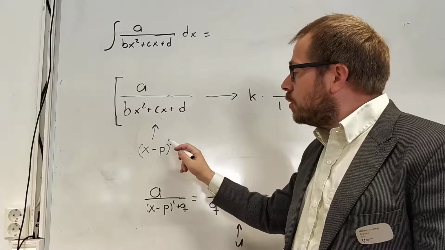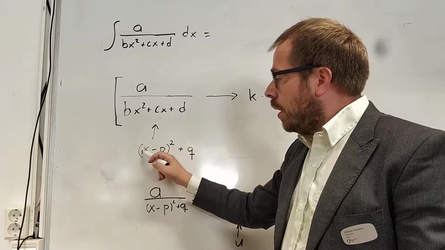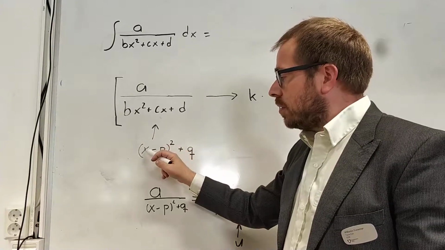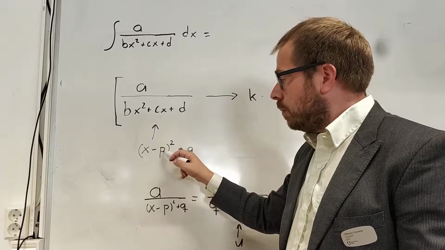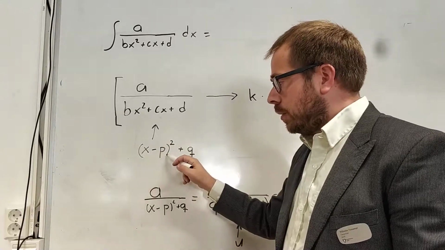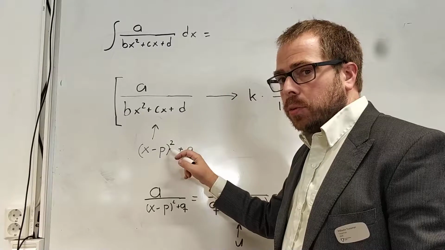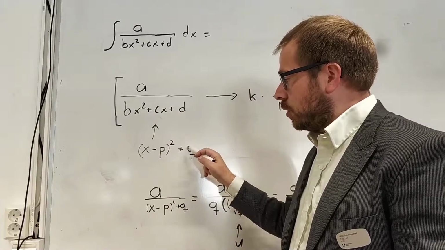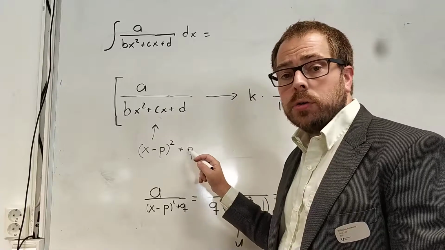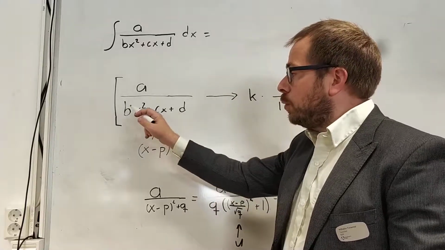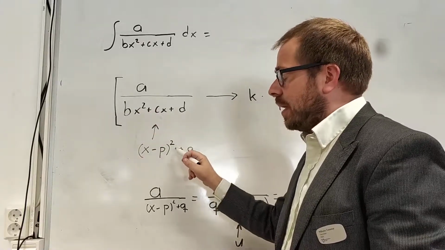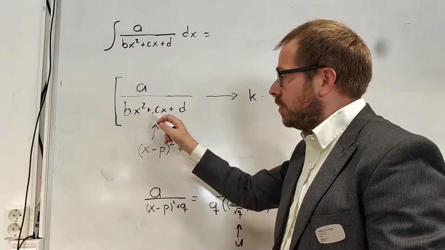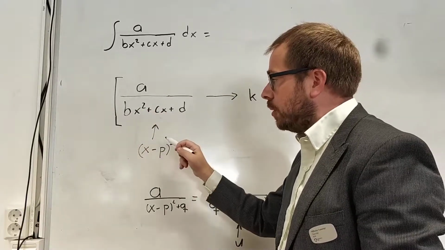From there, you complete the square, so you create it as x minus something squared, and this might not turn out to be even for this, so you have an extra constant. So p and q are now constants that you will get from b, c, and d. Their values will depend on b, c, and d to get this neatly.